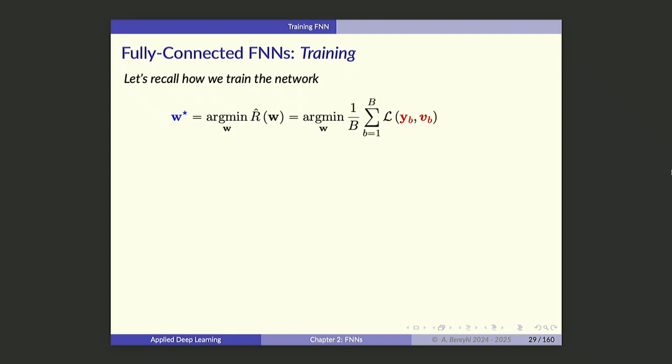Can you tell me where this w is hidden in this whole expression? Which term contains w? y, correct. y is the one containing w. If I change w, y is going to change.